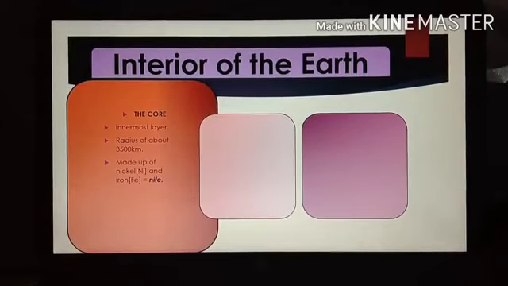That is very large, and it is made up of two main minerals, or elements you can say. The first is nickel and the second is iron, and together it is known as Nife. As it is in the center of the earth, the temperature and pressure are both very high in this layer.